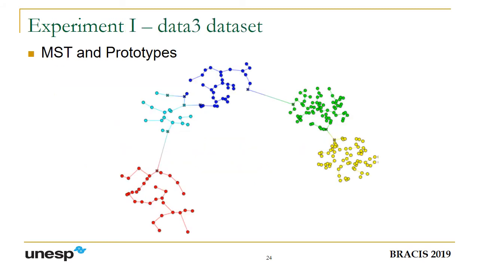Here we are using the MS3, the data tree dataset from libopf. We can note here when we compute the MST that one prototype was enough to represent the boundary from groups that are too distinct or that are too far in the high dimensional space, here represented in the 2-dimensional space.